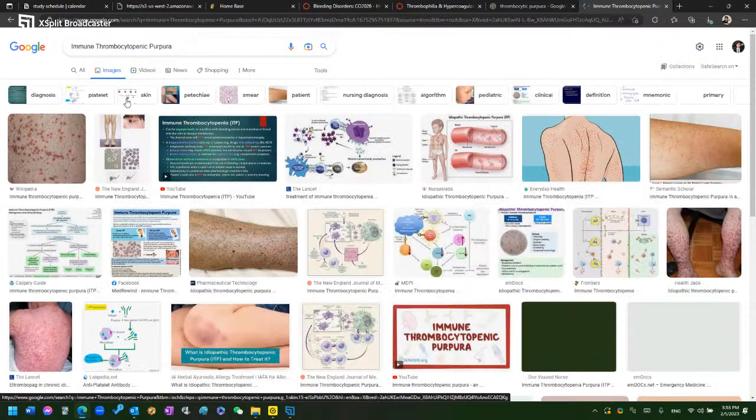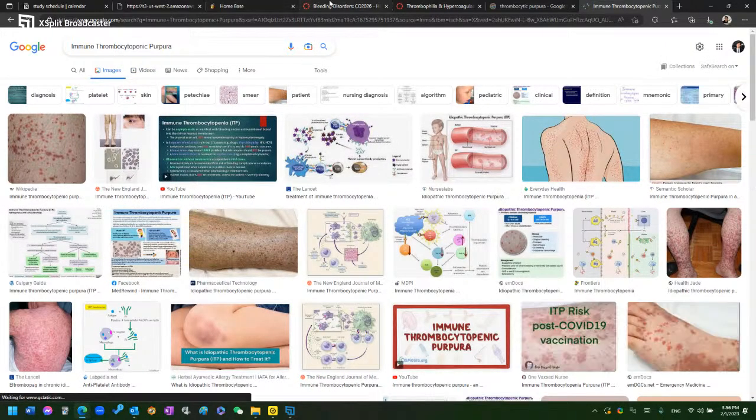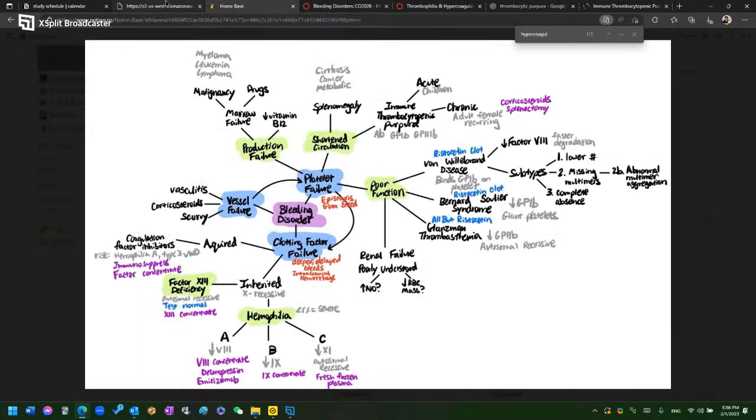Probably very similar, right, to what we were talking about earlier. It's the same purpura, except in this case it's a bleeding problem and it's not a clotting problem, right? Instead of having too many clots, we're not having enough.